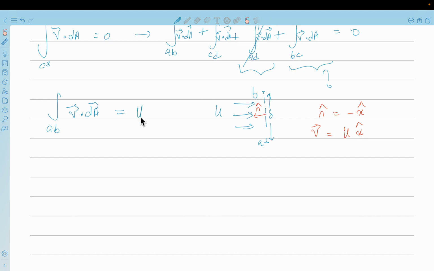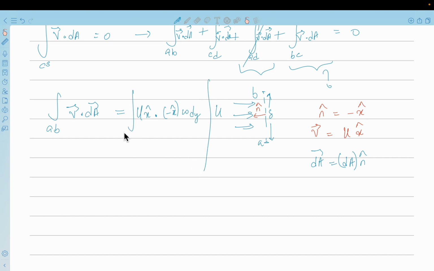Velocity is constant, u x cap dot minus x cap. dA vector is the area into n cap. So I have only written n cap. What about the area vector? Yeah, width of the plate and into dy, right?